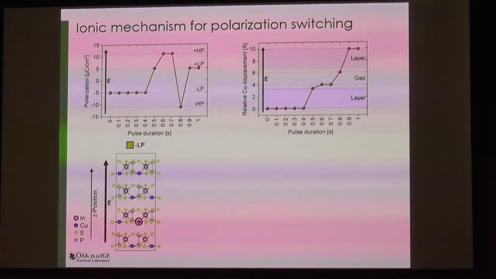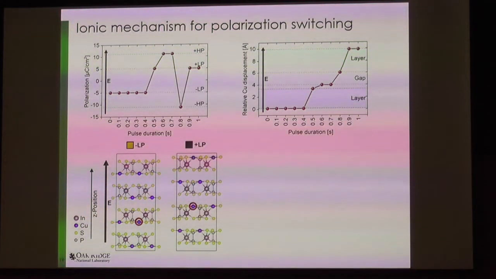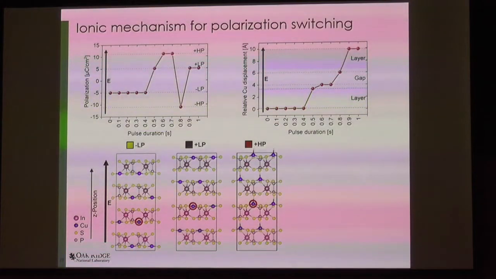So we start out with this negative low polarization phase. We have our copper here in the schematic. We switch to the top of the layer, and end up with a high polarization state as the copper goes further towards the top electrode where we apply the negative voltage.